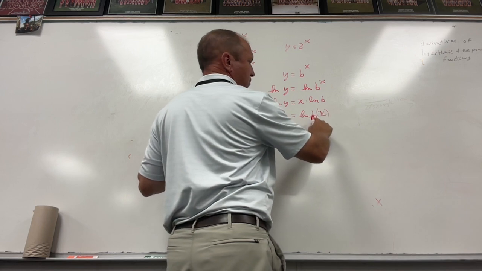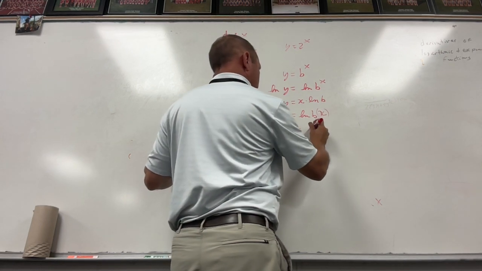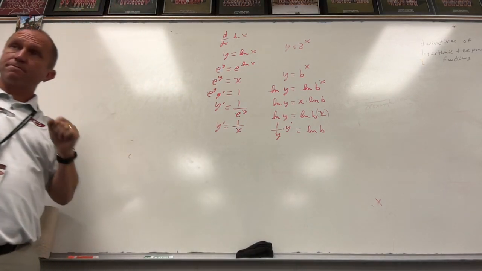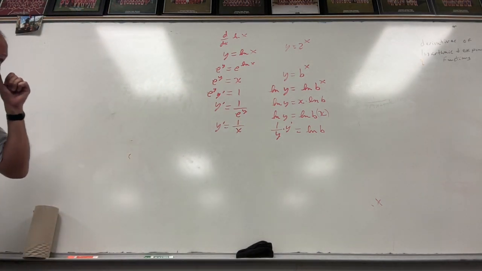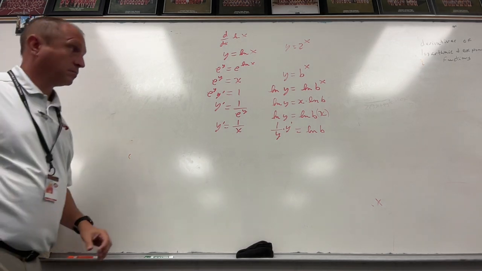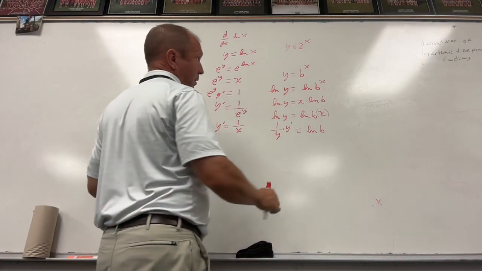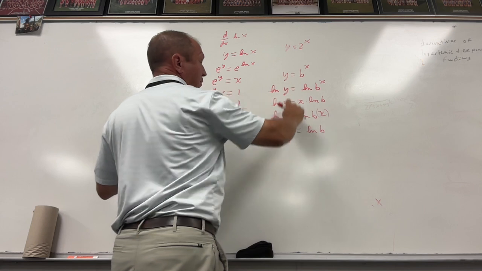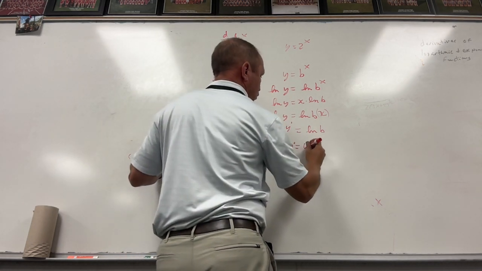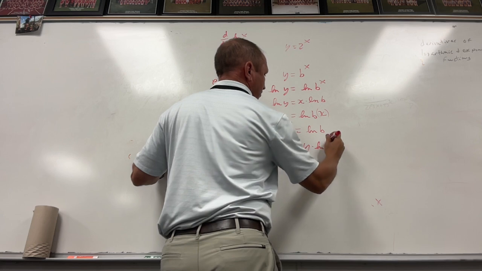Well, the derivative of the natural log of b times x is just the natural log of b. And I'm wanting to know what the derivative is, so I'm wanting to solve for y prime. So y prime is equal to y times the natural log of b.